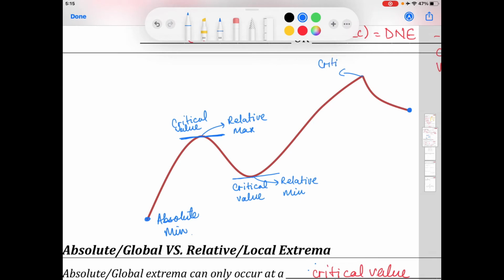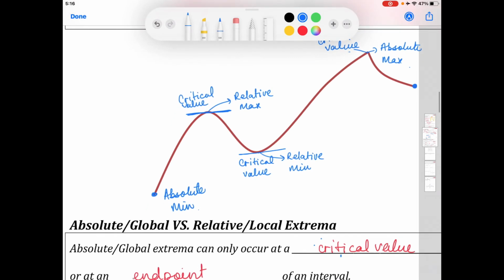So this is a critical value. Critical value. And the slope does not exist here, but it is an absolute max, because this is the highest point on the graph.